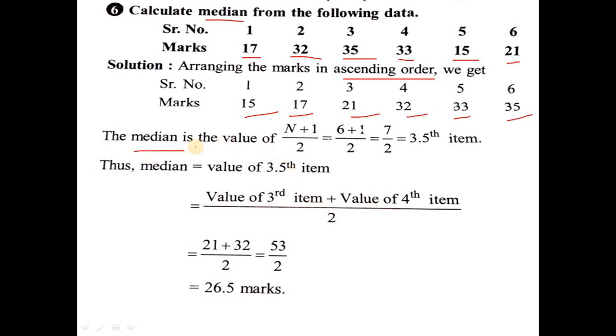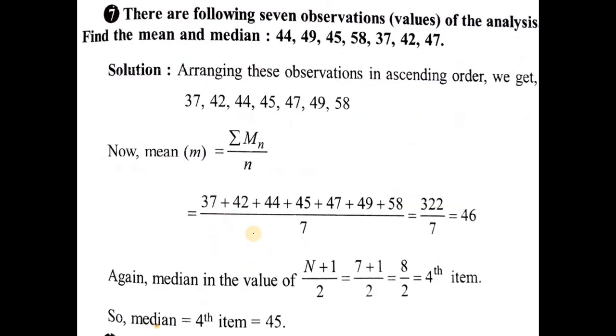So the median is the (n plus 1) divided by 2, that is 6 plus 1 divided by 2, because n means the total number of observations. So 7 by 2, that is the 3.5th item. So the median is the value of the 3.5th item, that is the value of the third item plus the value of the fourth item divided by 2. The third value is 21, the fourth is 32. When we add, 53 divided by 2, that is 26.5 marks is the median.